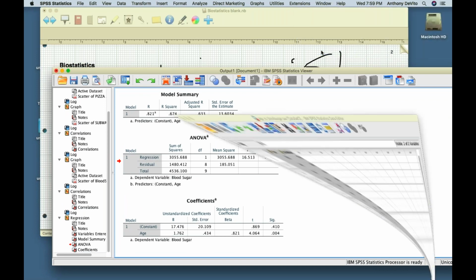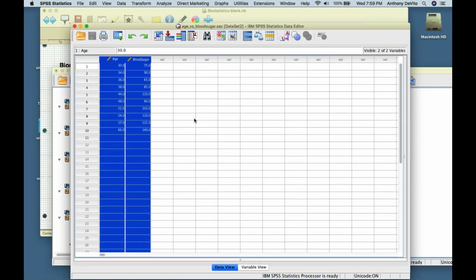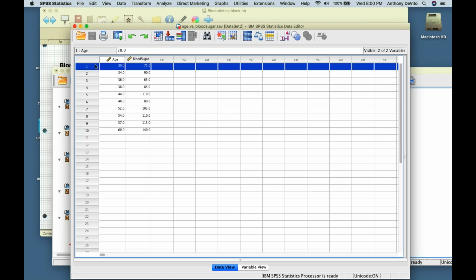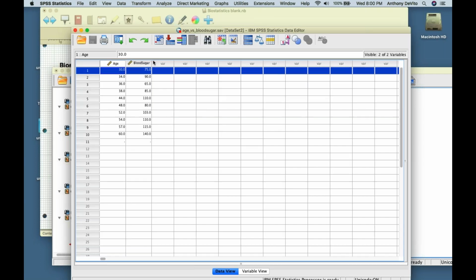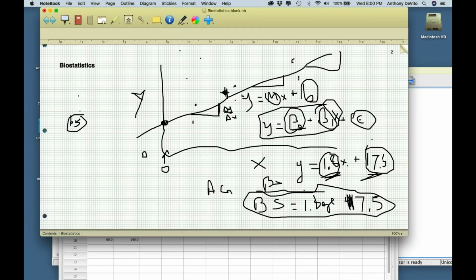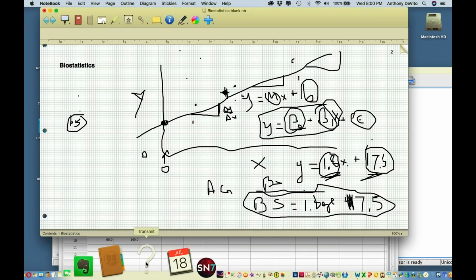I'm going to pick one of these people out, and I'm going to ask you, based on our formula, what would you predict the blood sugar is for a 30-year-old person? Don't look here, because it's not going to help you. Just tell me, based on the formula we just created, what would you predict? I'll wait for an answer or two.